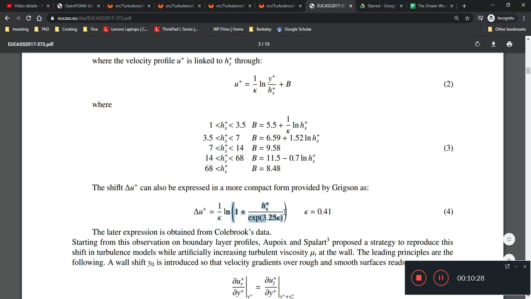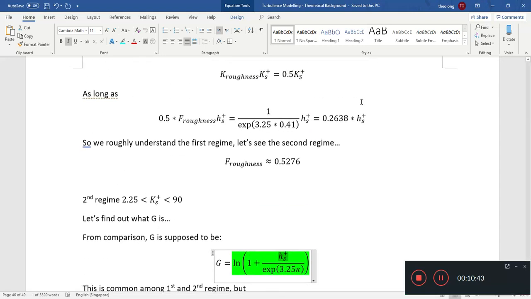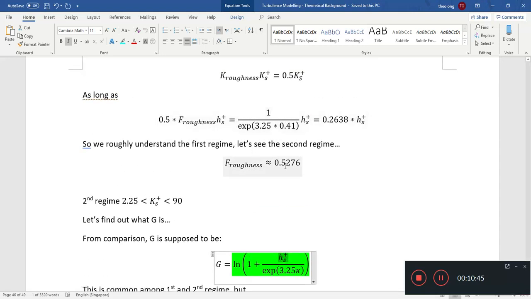This Grigson G is this logarithm I'm highlighting here, and I want to plot this as well. However, it does not use Ks plus, it uses Hs plus. Hs plus and Ks differ by just a factor, the roughness factor.